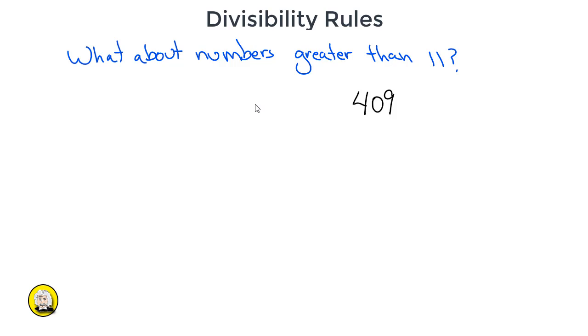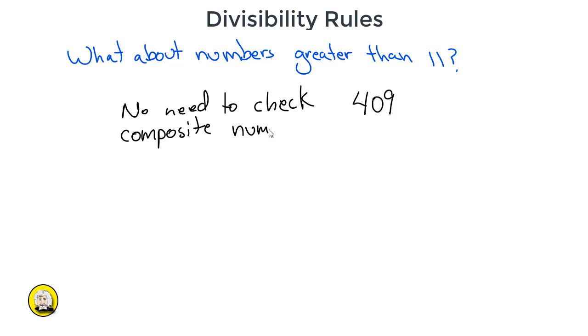Well, fortunately, no, you don't have to go nearly that high. Let's take a quick look at what we do have to check above 11. So we know there's no need to check even numbers because that would have already been picked up in the divisibility by 2. And expanding on that idea more generally, there's no need to check composite numbers because they would have been picked up with the divisibility by 3, 4, 5, 7, any of the numbers up to and including 11 up to that point.